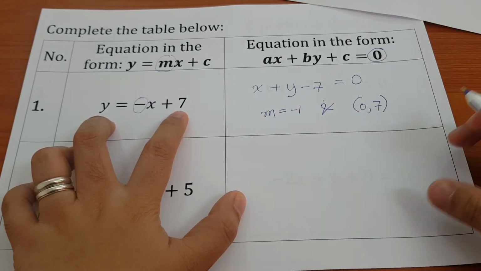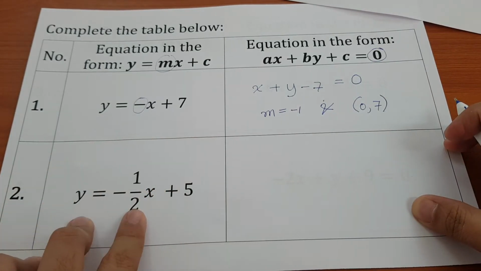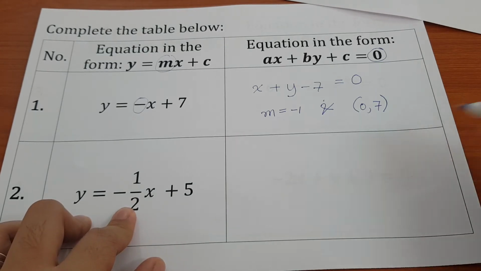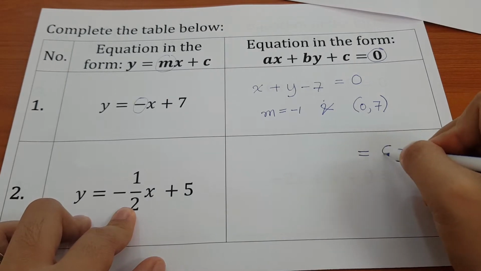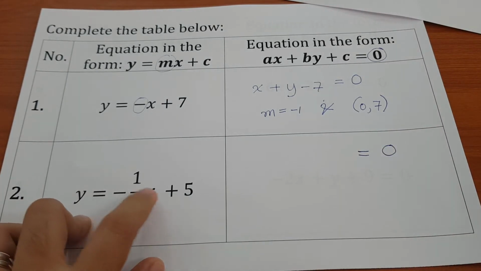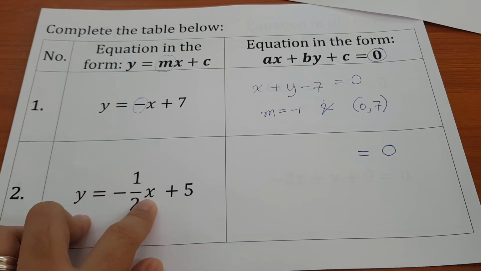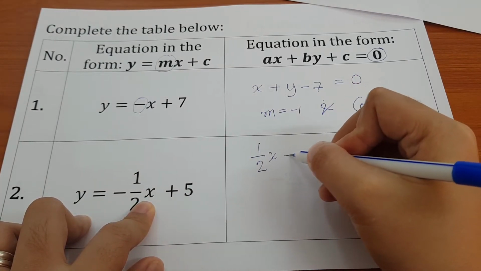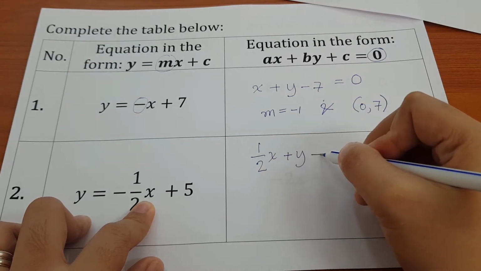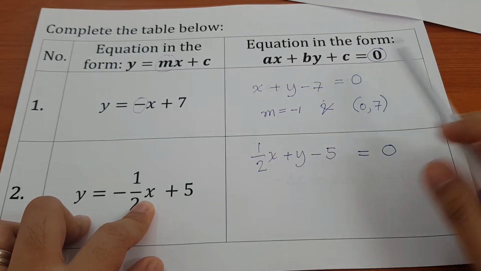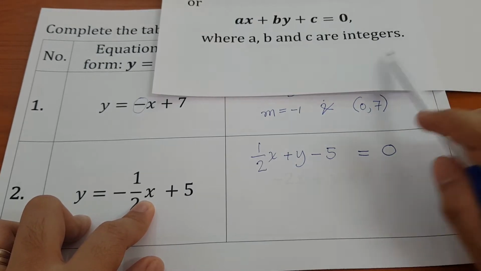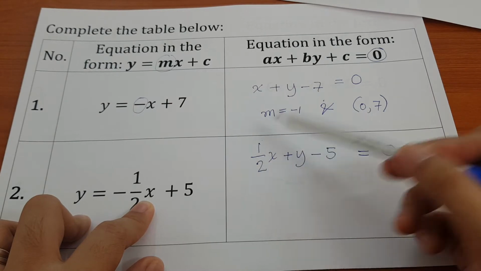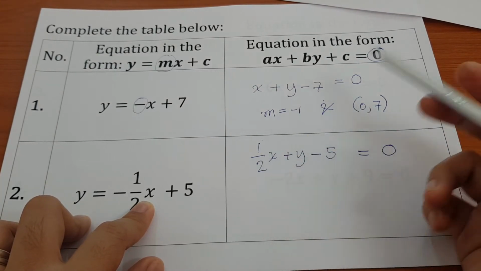Now here, we need to change it to the form where the right-hand side is 0, so everything is 0 on the right, and this is transferred to the other side. This gives you 1/2 x plus y minus 5. But according to the rule, a, b, and c should be integers, meaning no fractions. So how can we remove this 1/2?